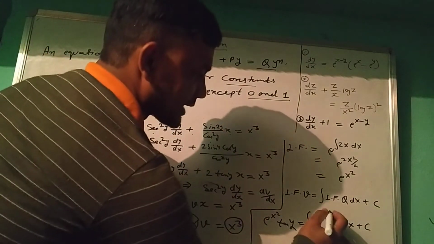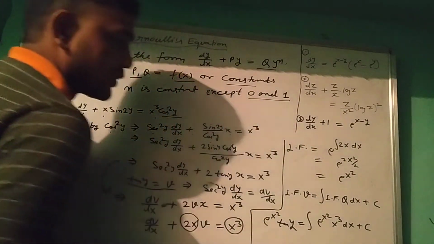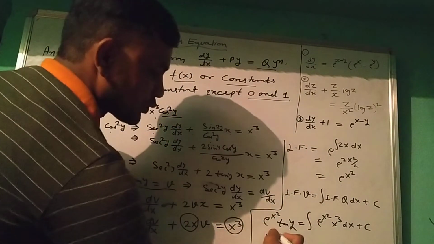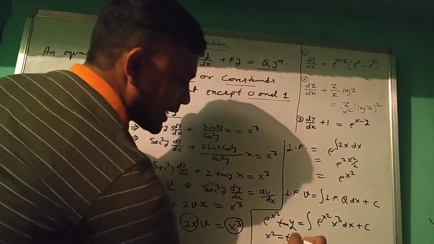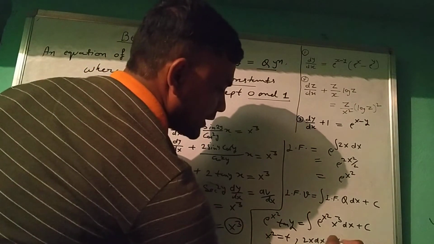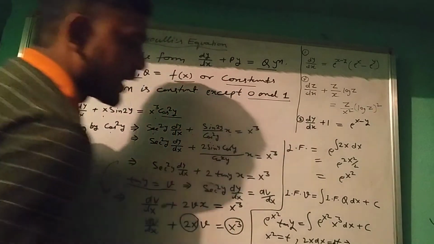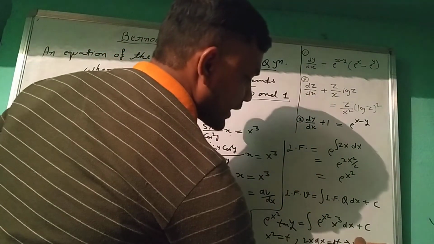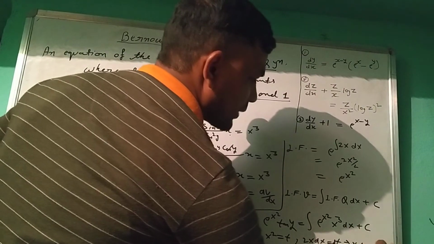Now on the right hand side, we can take x^2 equal to t. When x^2 equals t, then 2x dx equals dt. It means we have x dx equal to dt/2.